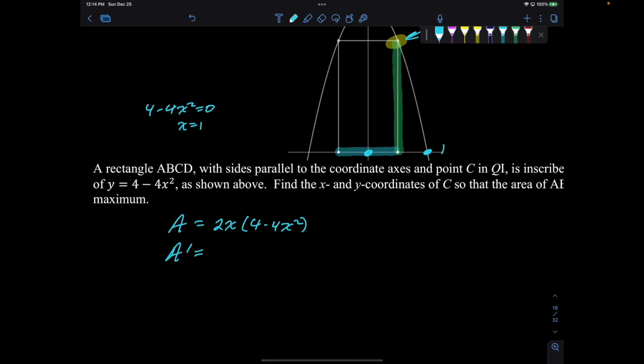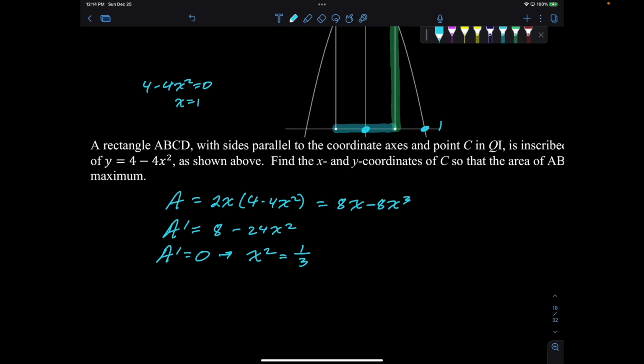A prime. Actually, let's write this as 8x minus 8x cubed for derivative purposes. So 8 minus 24x squared, A prime equals 0 gives us x squared is, subtract 8 divided by negative 24, is 1/3. So x is plus or minus 1 over root 3.